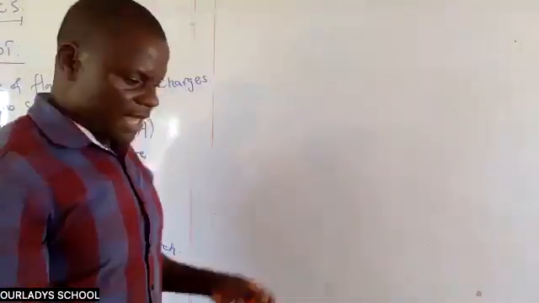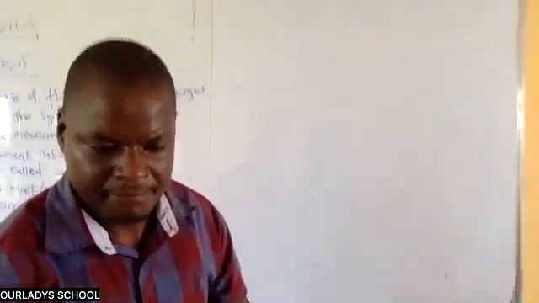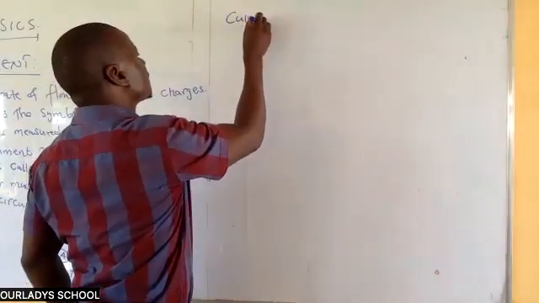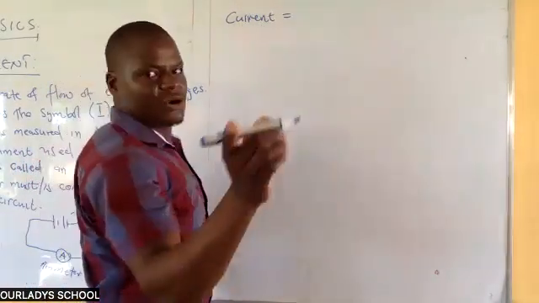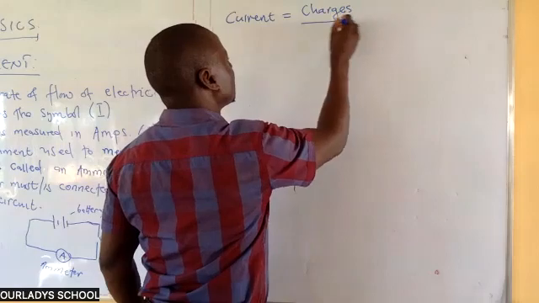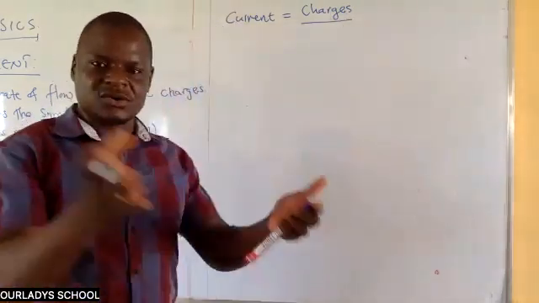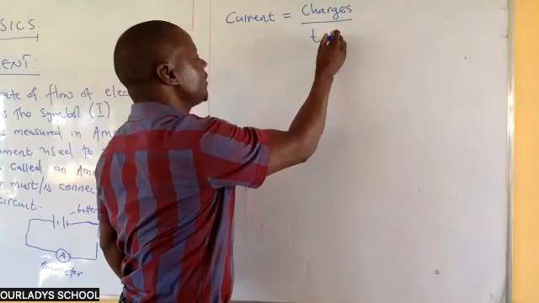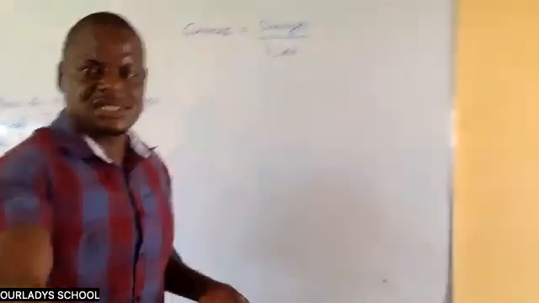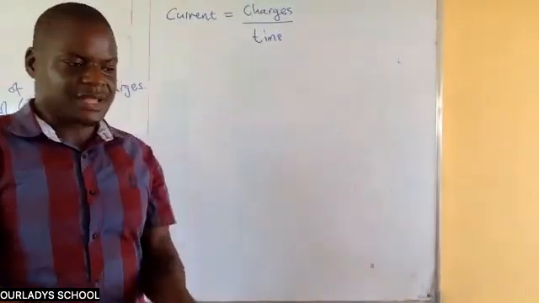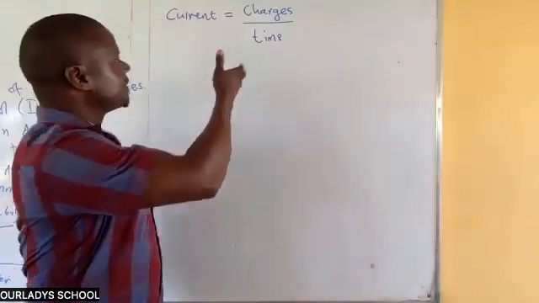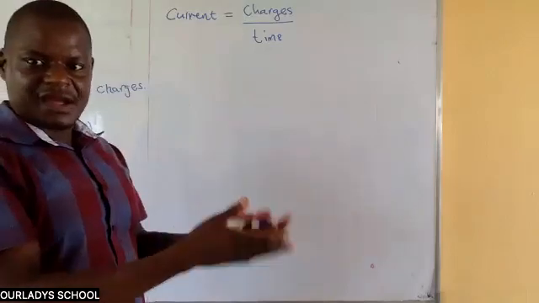So, we are saying that current is the flow of charges. Whenever I talk about the rate of flow, there must be some time being recorded, because this time tells us whether the charges took longer. So that is how we can define our current.